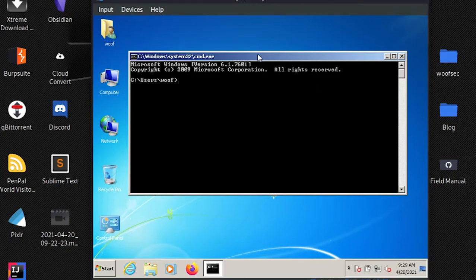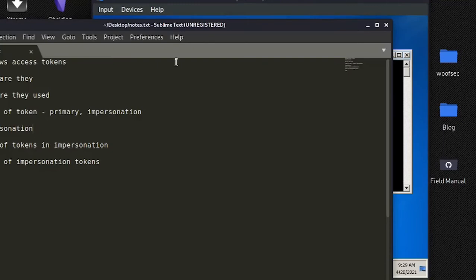I'm getting a bit ahead of myself, sorry guys, but I will shortly demonstrate how processes do that. This video will be long enough, so I need to make a second video on how to do token impersonation and how to write a program that does it. For now, let's go on to the next topic.